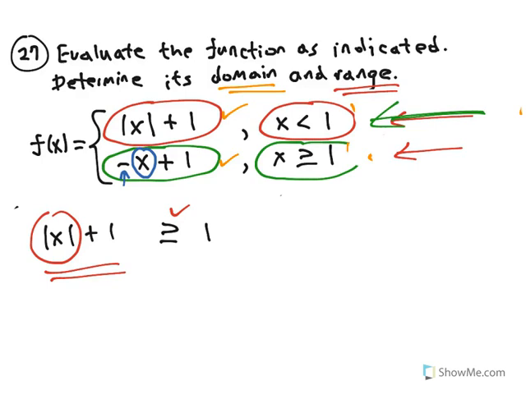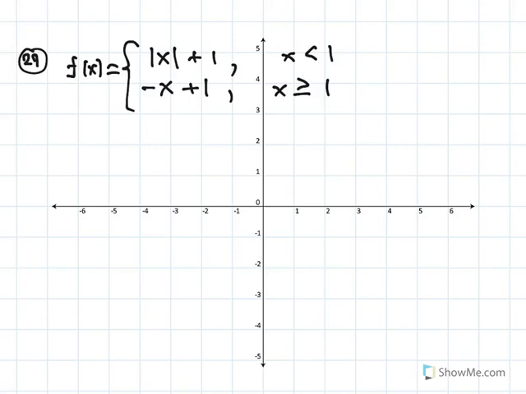But you also need to consider that x is less than 1, which would include x equal to 0, and the absolute value of 0 is 0, 0 plus 1 is 1. Actually, the easiest way to find the range for this function is to graph this piecewise defined function.